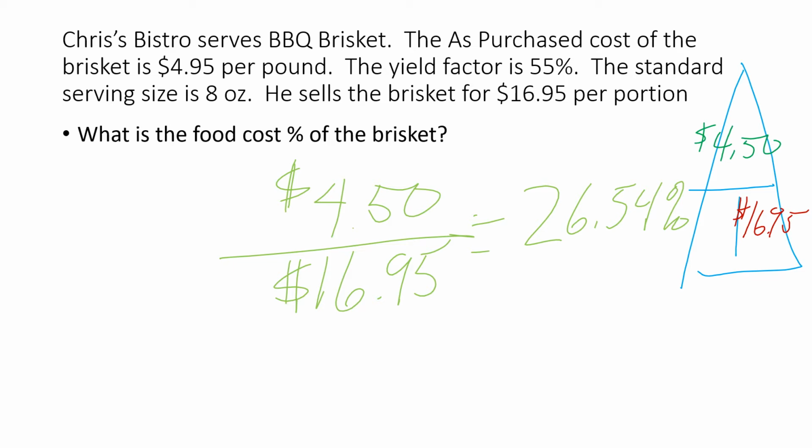Because we multiply by 100, as we're looking for a percentage. Questions, comments, concerns so far? The sales is given, $16.95 per portion, and their cost is $4.50 per portion.